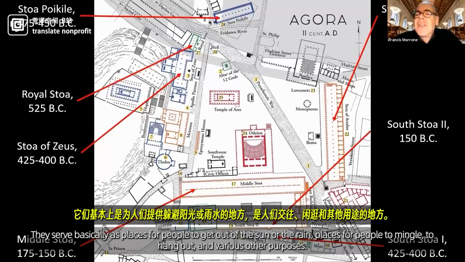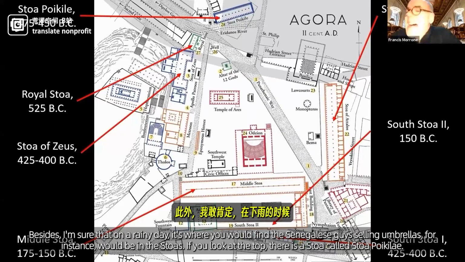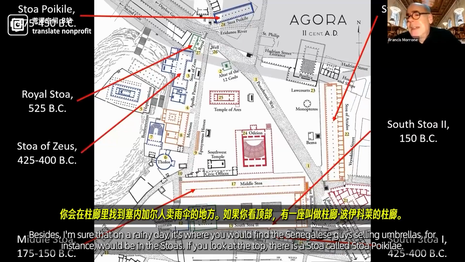They served basically as places for people to get out of the sun or the rain, places for people to mingle, to hang out, and various other purposes besides. I'm sure that on a rainy day, it's where you would find the Senegalese guys selling umbrellas, for instance, in the stoas.